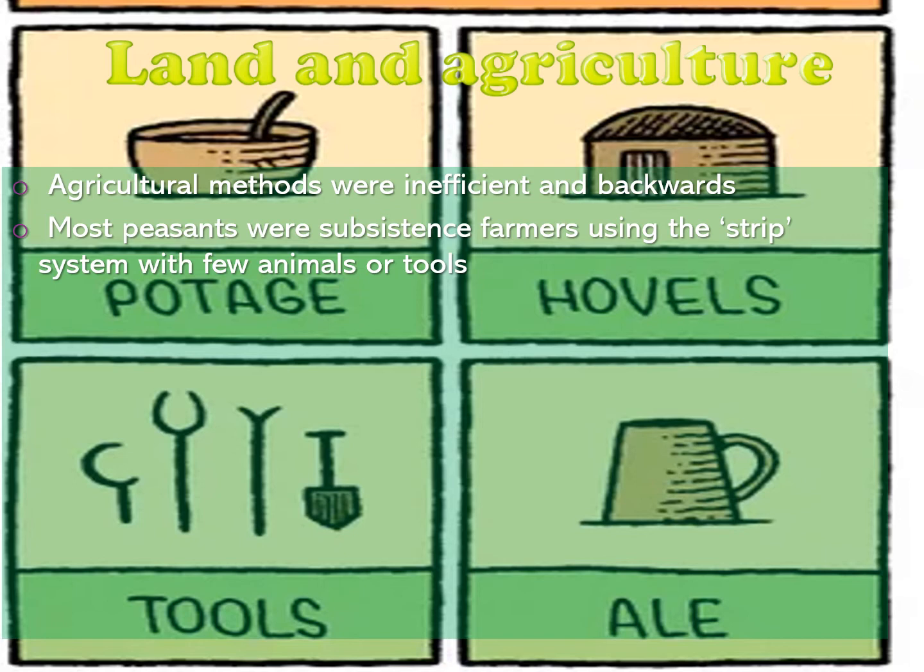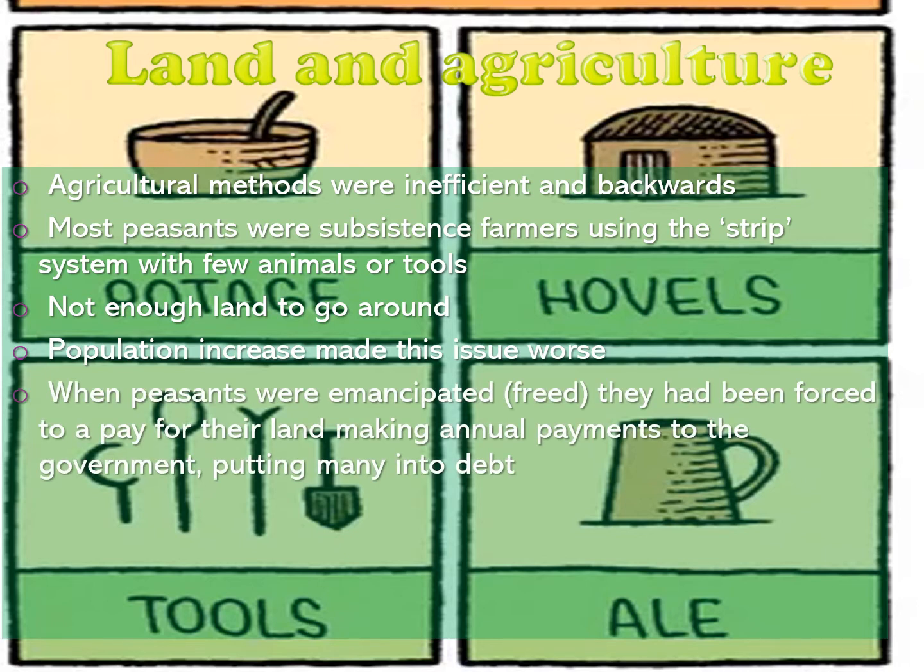They grow the crops, and then they strip the land bare and then grow again. Very few animals or tools are being used. There's definitely not enough land to go around, and the population keeps increasing, which makes this worse because there's not enough land in the first place. Despite the fact it takes up 1/6 of the world's land mass, not all of that is arable farmland, which means that you can't grow on it.